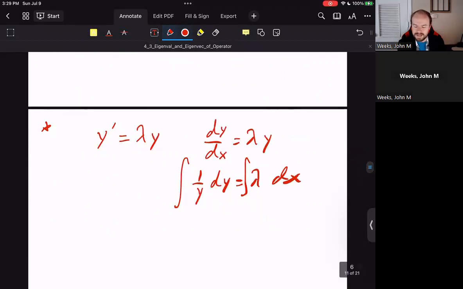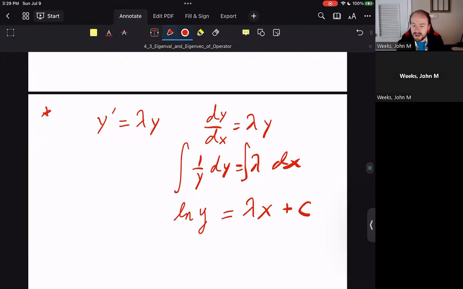The left-hand side is the natural log of y, and the right-hand side is lambda times x plus some constant, which we'll call c. Then we solve for y by exponentiating both sides. We get e to the natural log of y, which is just y, and e to the lambda x times e to the c, which is itself a constant, and we can just write it as c. So y equals c times e to the lambda x.